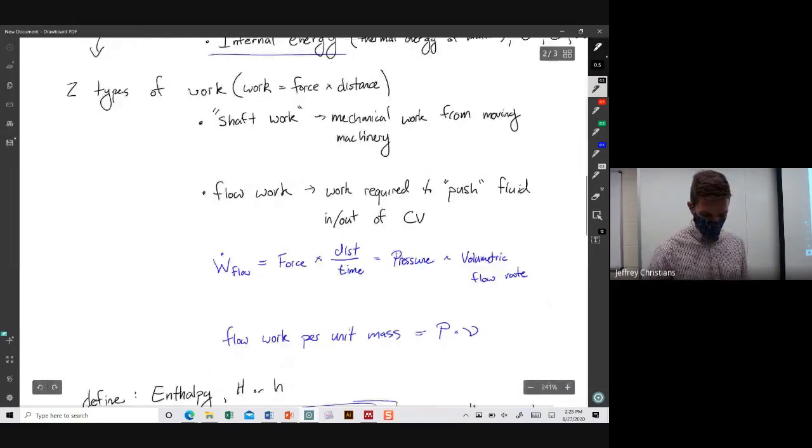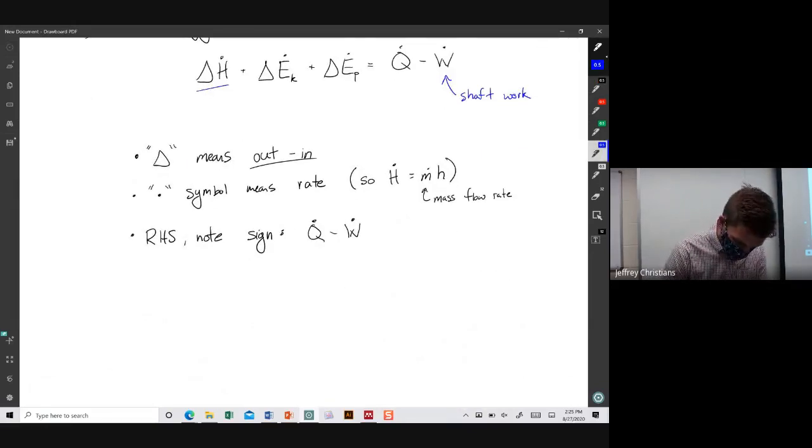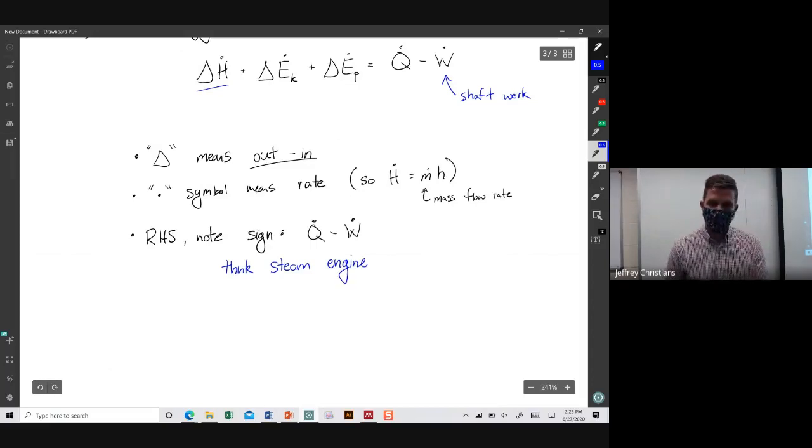So the sign convention that's typically used in thermo is this. Thermo's born out of the steam engine. That's when people were first writing down these equations, so they were thinking about steam engines. What does a steam engine do?